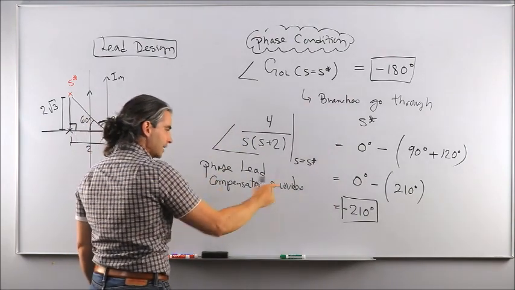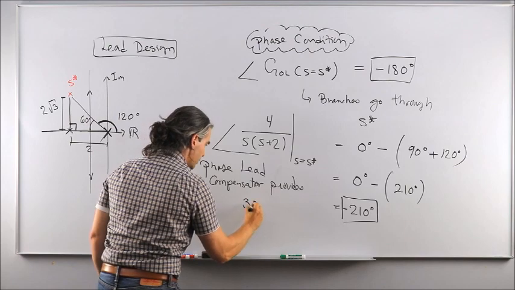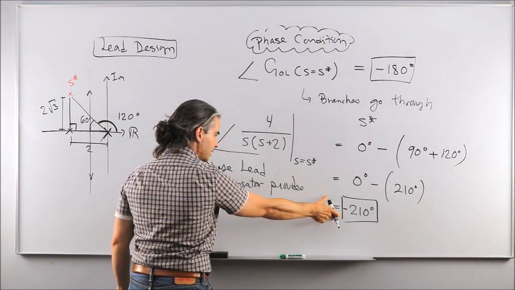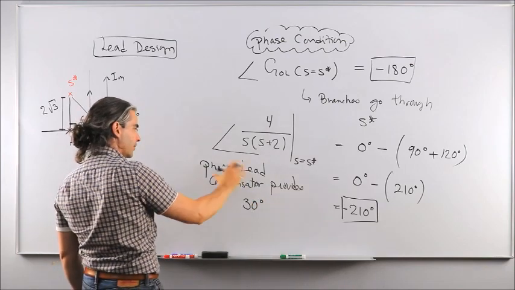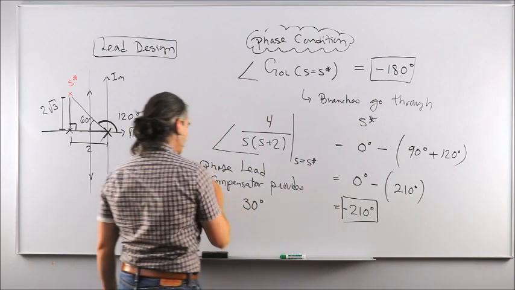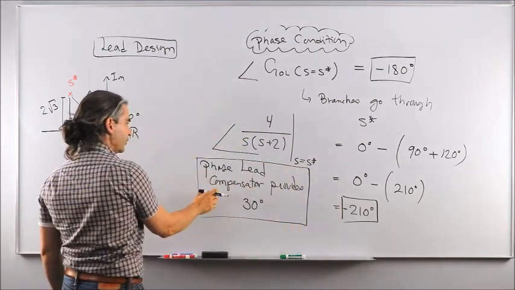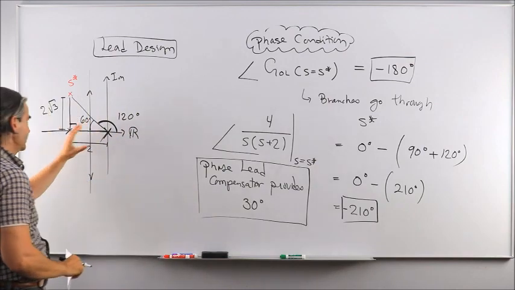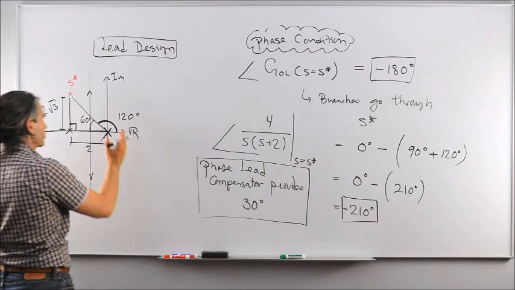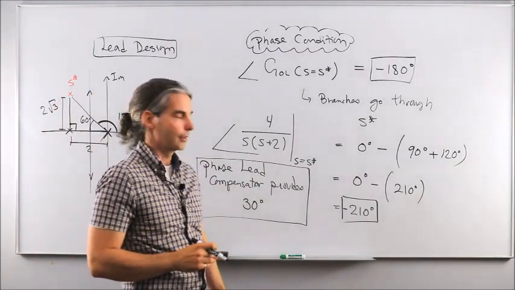In that specific example, the phase lead shall contribute 30 degrees of phase, such that currently minus 210 degrees plus the contribution of the phase lead is going to give me what I'm aiming for, and that is my minus 180 degrees. In other words, by adding the phase lead compensator in terms of poles and zeros in the complex plane, I'm going to bend the branches exactly to make sure that they go through S star. That's the key idea here, okay?